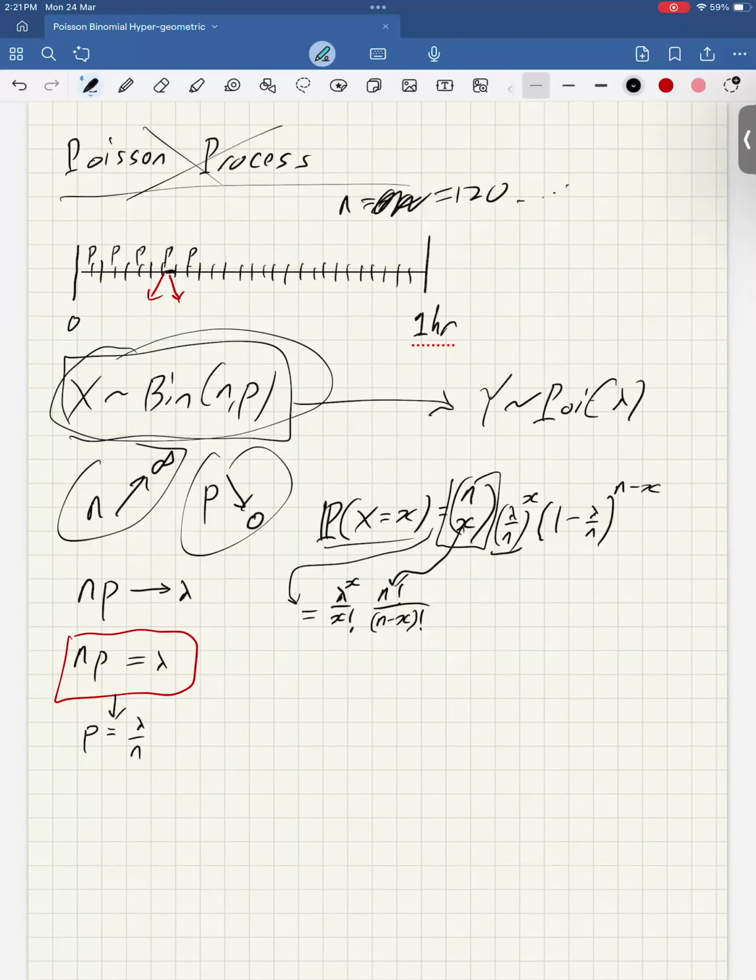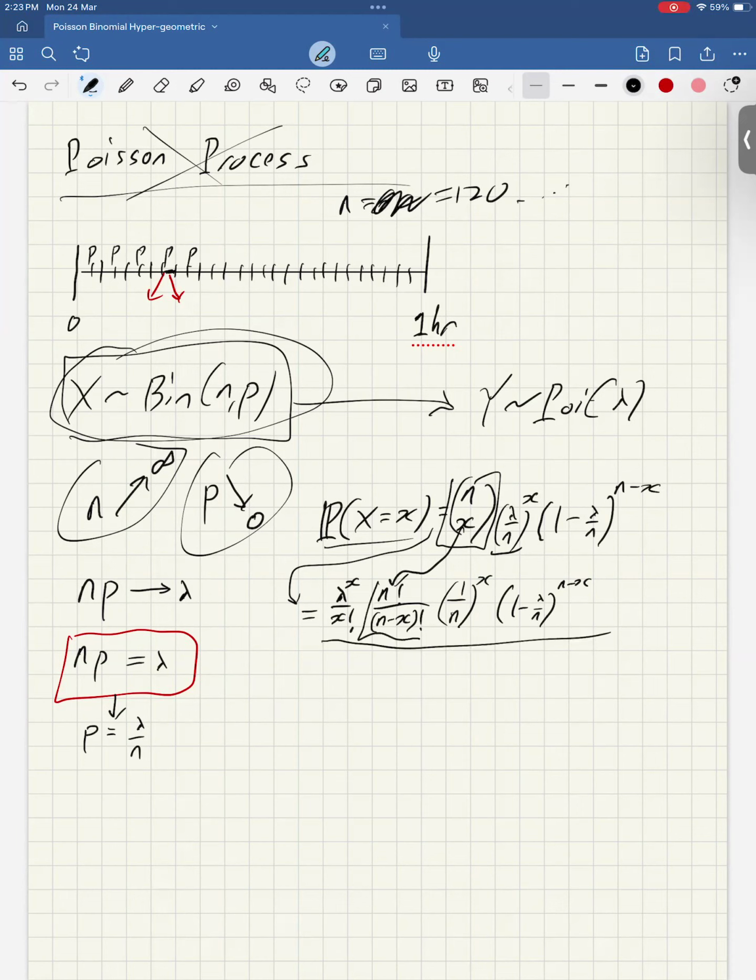From this bit I have 1 minus lambda over n to the power n minus x, and I still have 1 over n to the power x. Okay, so this was the first reordering that I've done.